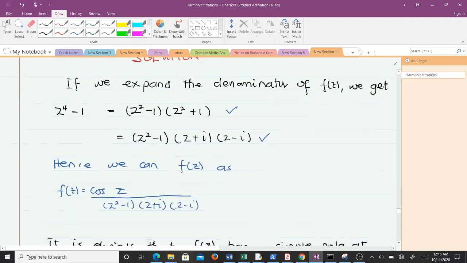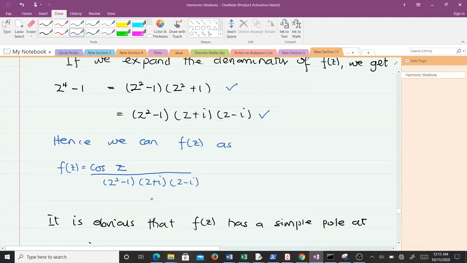So f of z can be written as cos z over this. You can see that we have 4 singular points, that is plus or minus i and plus or minus 1.